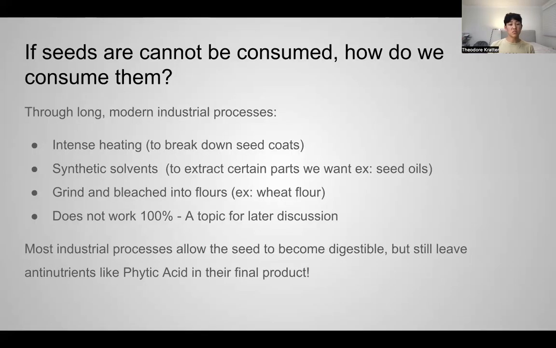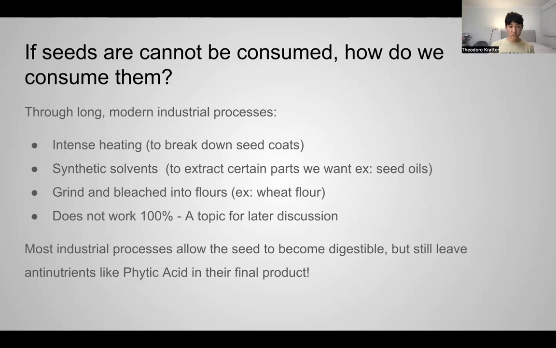Some of this intense processing involves intense heating that breaks down the seed coats that we talked about earlier, or synthetic solvents that are used, especially for seed oils, which again are totally terrible for you. They stay in your cell membranes for up to 7 years, and they're associated in multiple studies with high levels of cancer.